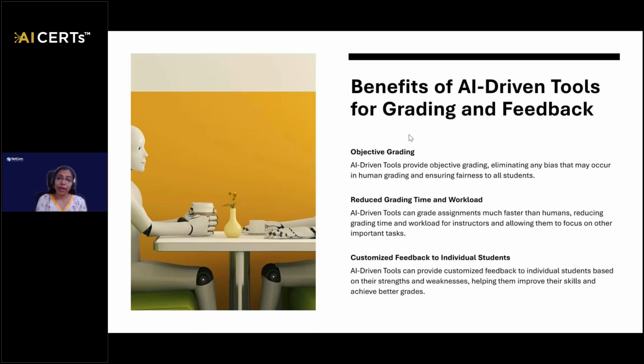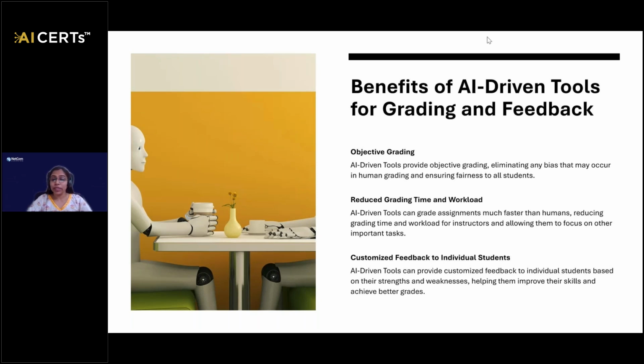So your AI can help uplift their grades and their knowledge, and you, being an educator, can help them do so. That is a real benefit for students, where they get timely feedback, and what they need to improve, they can improve.